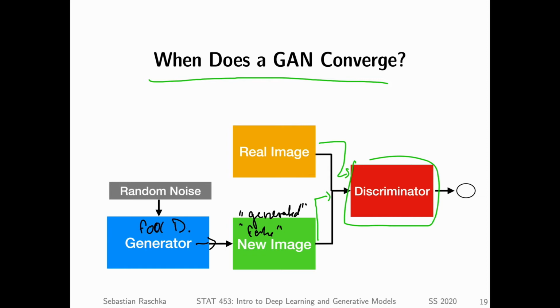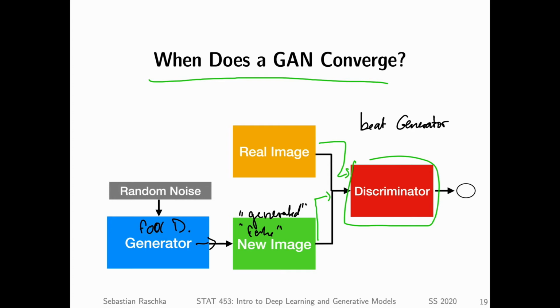And the discriminator wants to become better at distinguishing real images from generated images, so it wants to beat the generator by uncovering its generated or fake images. So there's an interplay between two adversarial objectives. The generator wants to become better at fooling the discriminator, and the discriminator wants to become better at detecting that it's being fooled.